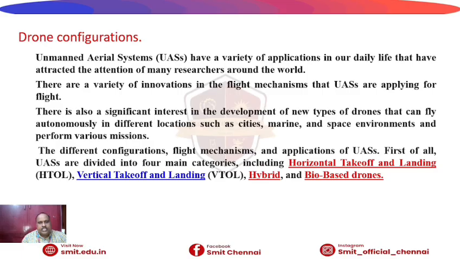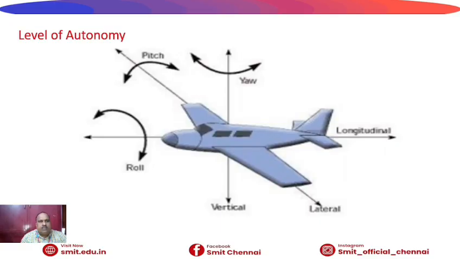The different configurations here, by flight mechanism, are VTOL and HTOL, that is horizontal takeoff and landing, and vertical takeoff and landing, and hybrid and bio-based drones. This is the level of autonomy as we discussed in the flying terms.